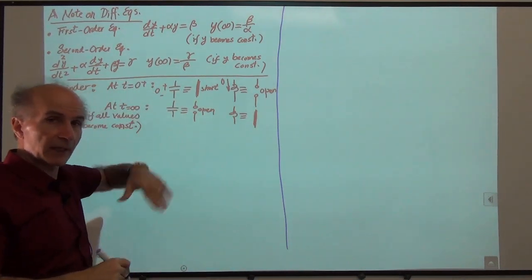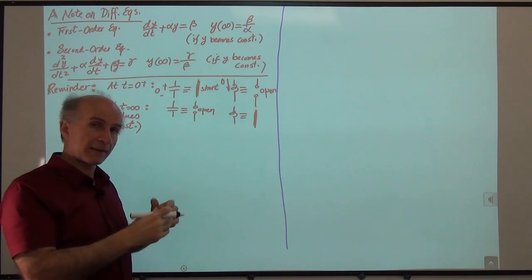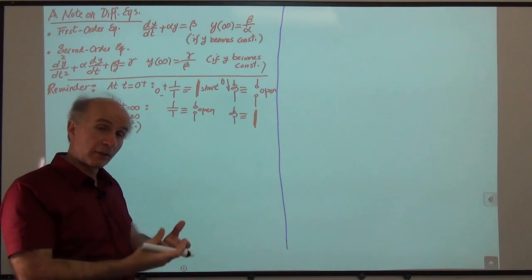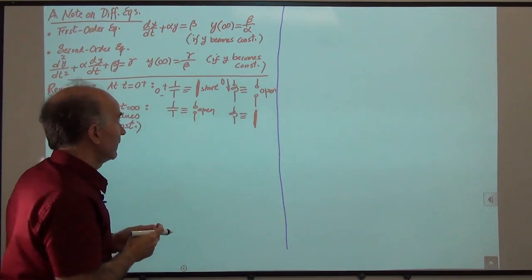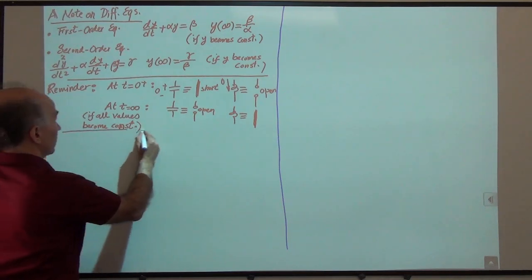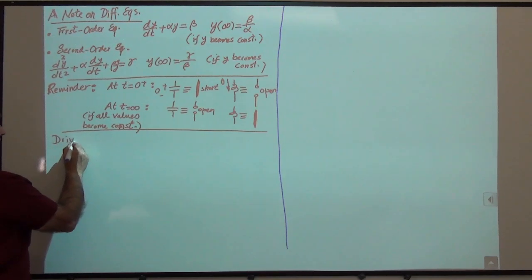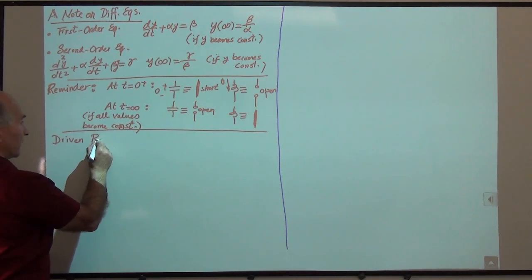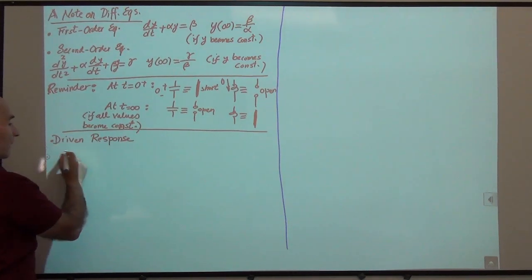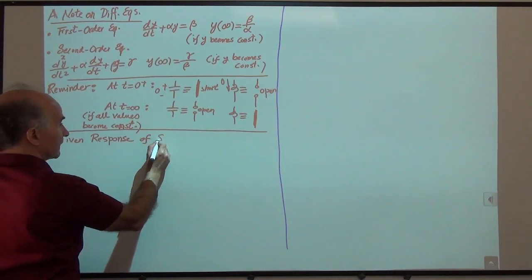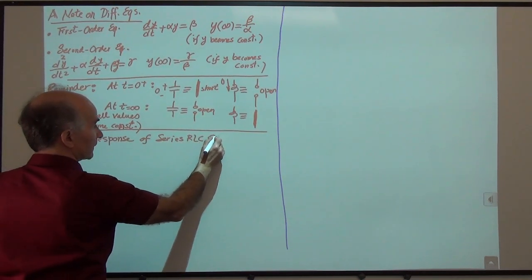All right, so these are the things that we have seen over and over again. It's good to remember these, now that we're going to go and study the driven response of a series RLC circuit. Now, we don't have much time today. I will just show you what we mean by driven response, and then next time we'll pick up from here. So, driven response of a series RLC circuit.